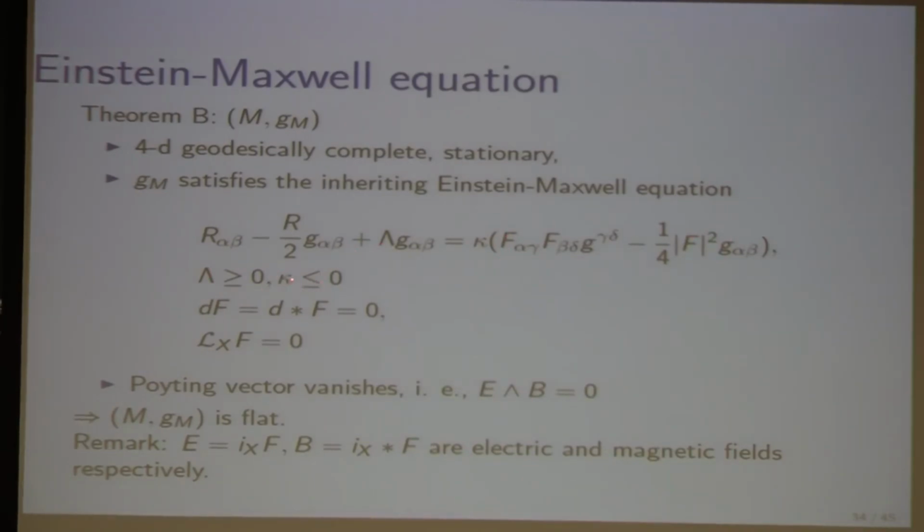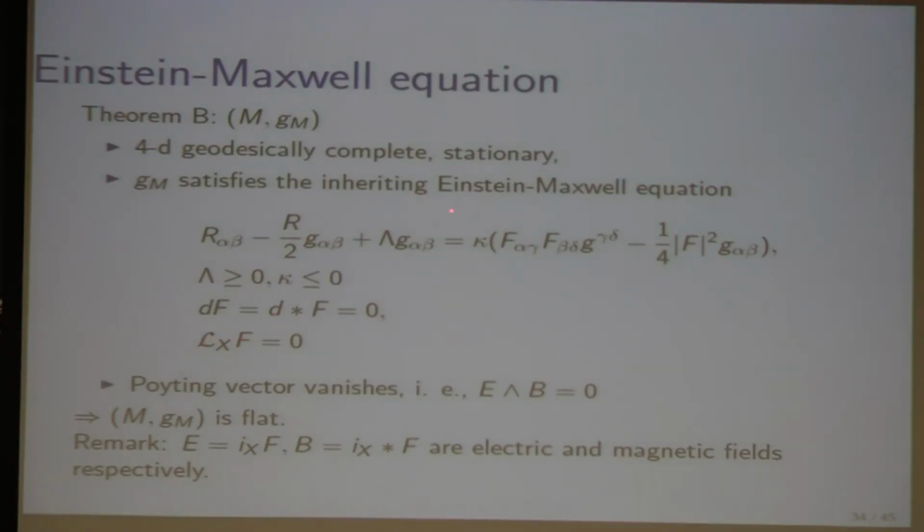Lambda is still non-negative, but kappa is non-positive. F satisfies the Maxwell equation, and the Lie derivative of F is 0. Here I said inheriting, which means the electromagnetic field inherits the symmetry from the space-time.